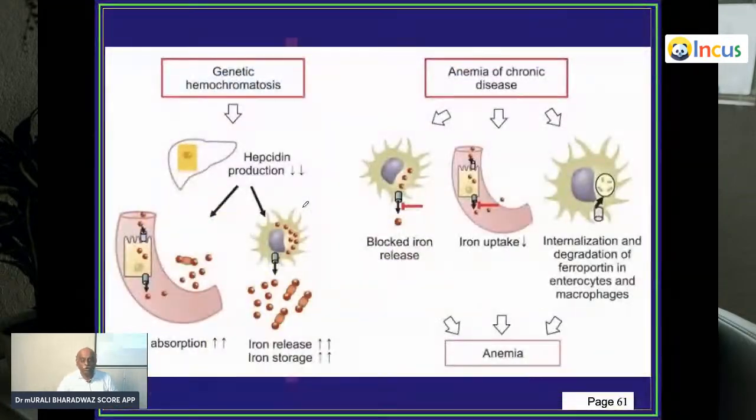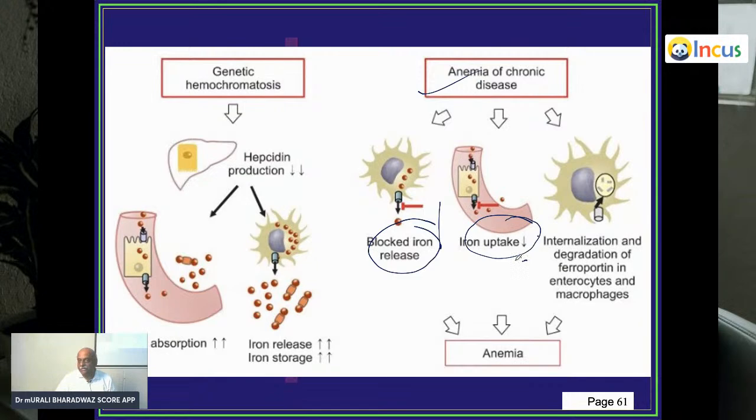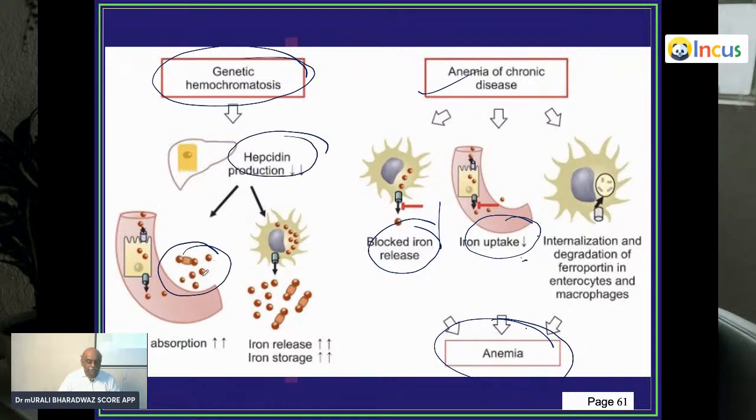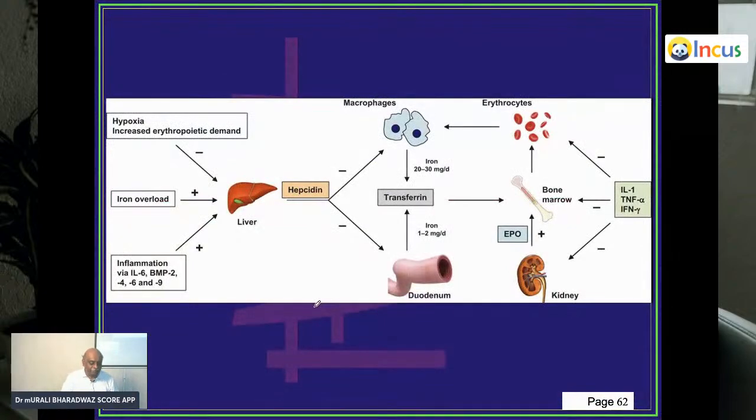So once more here, doctor: anemia of chronic disease, blocked iron release from the macrophages, decreased iron uptake, and that leads to anemia. In hemochromatosis, decreased hepcidin production will cause increased ferroportin expression, leading to increased iron, is what you need to understand.